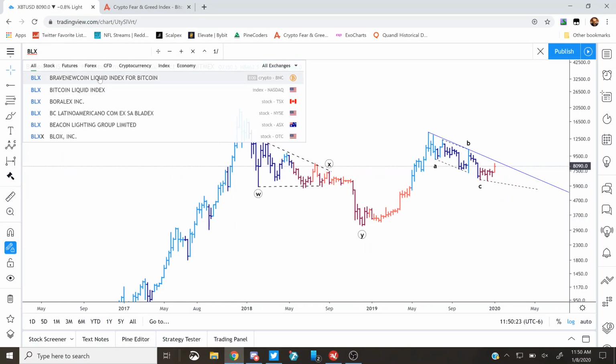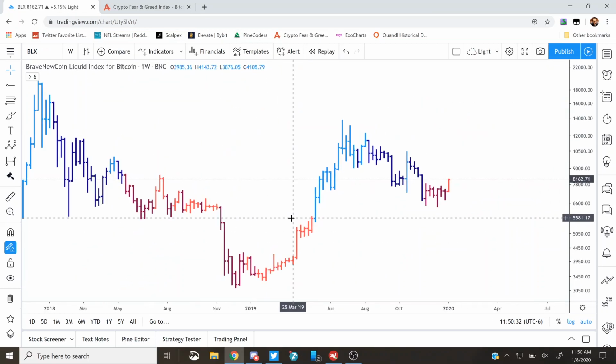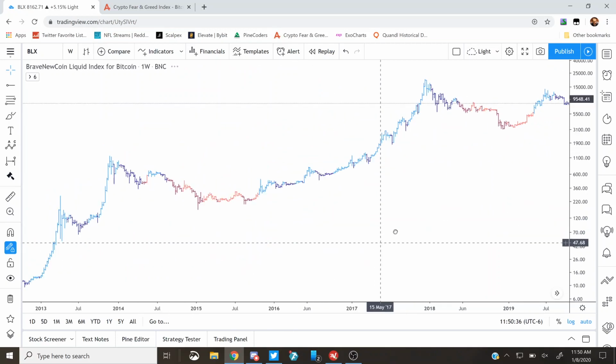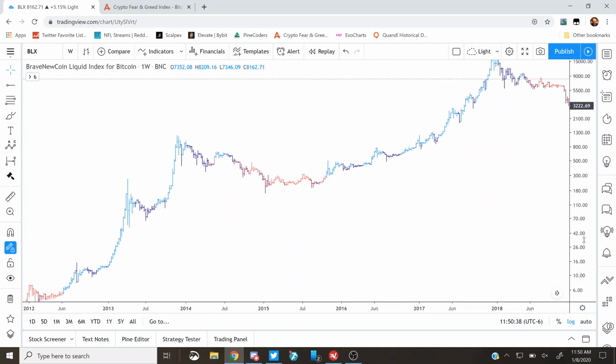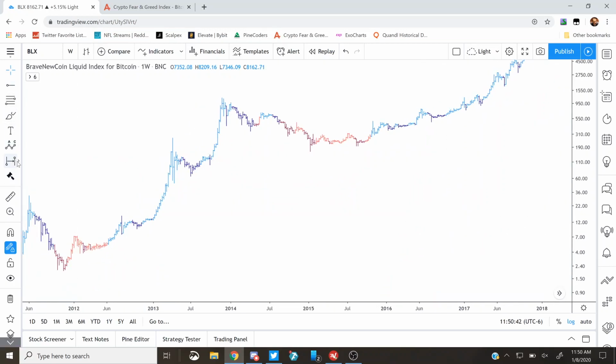I've said many times that the correction should take longer than the impulse. Now if we look at historical indices and historical Bitcoin, the corrections actually take about as long as the impulse itself on a high degree.